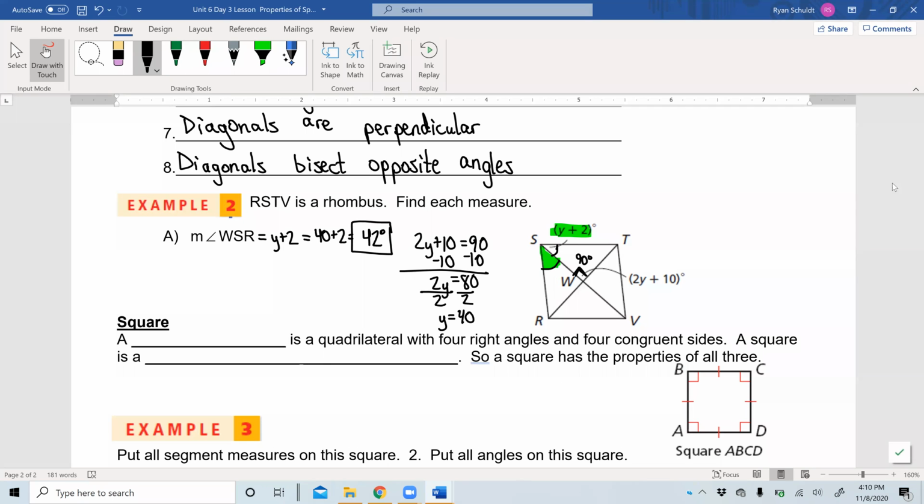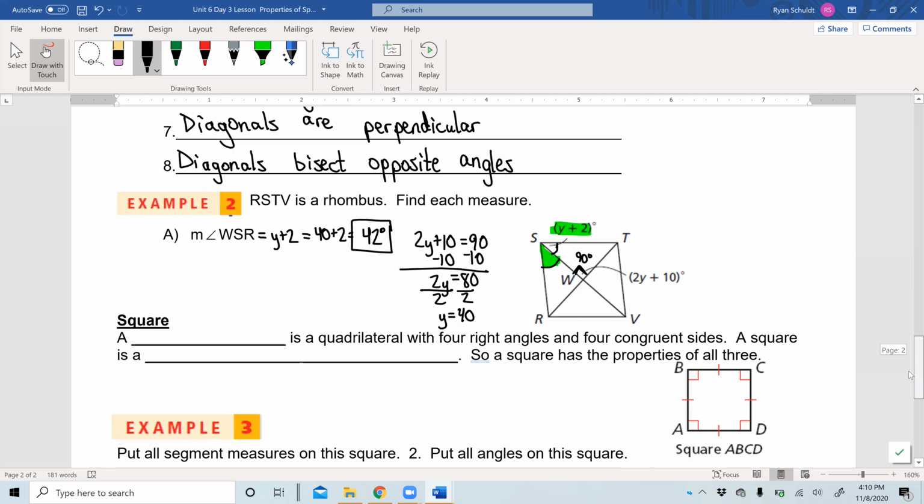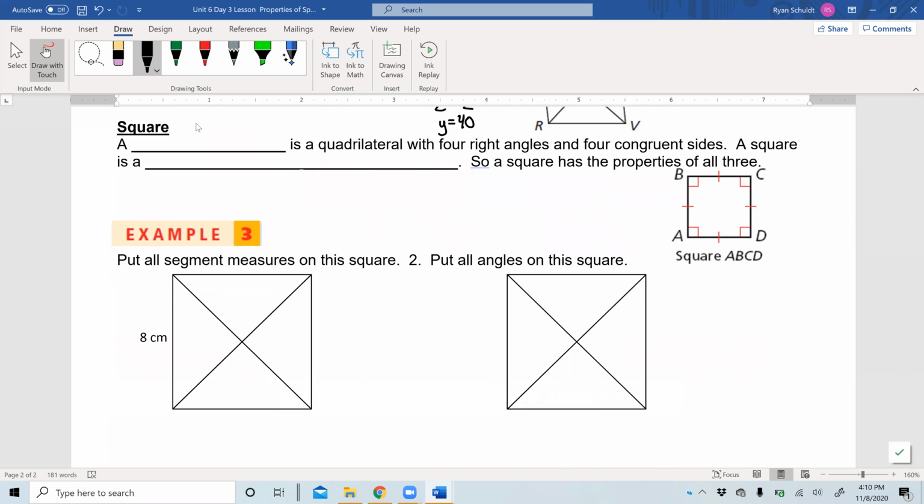Okay, so that's our rhombus example. Now let's, last but not least, talk about squares. So a square is a quadrilateral with 4 right angles and 4 congruent sides. A square is all of these. So it's a parallelogram.